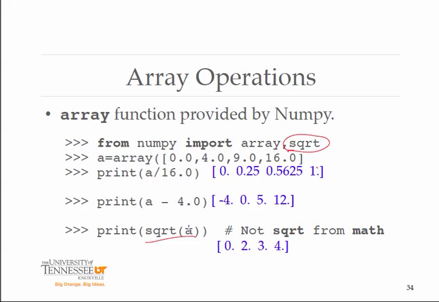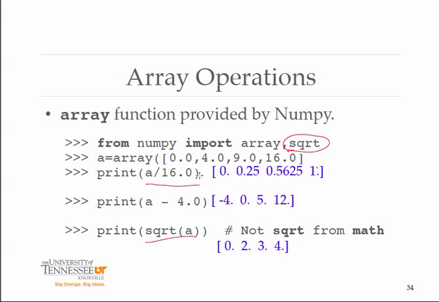So here's an example. Suppose we took a 4-element list and passed it to an array, so we would generate one-dimensional array A with the components 0, 4, 9, and 16, all as floats. Notice that you can do things like this. You could say, I'd like to divide every element of that array by the value 16. The nice thing about the interpreter is that it can replicate that operation across all the elements.